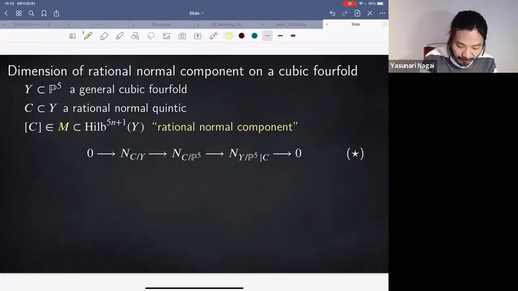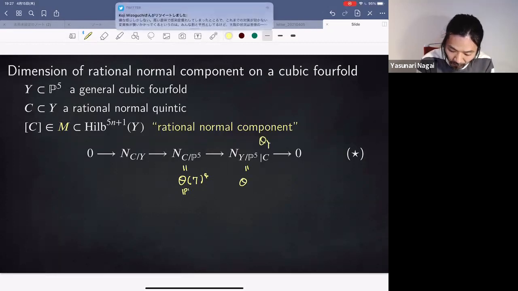Because I came late, I omit the detail. But basically this was all P1 and this is the normal bundle of Y inside of P5. This is basically O Y of 3.